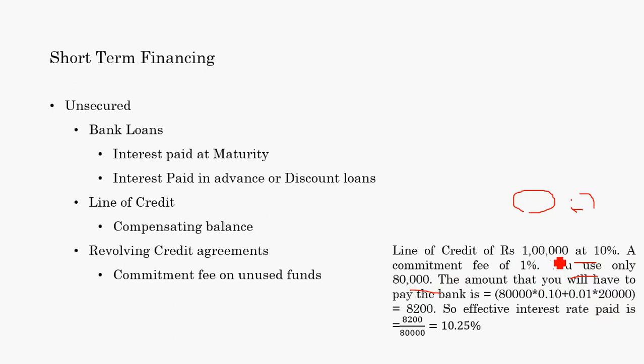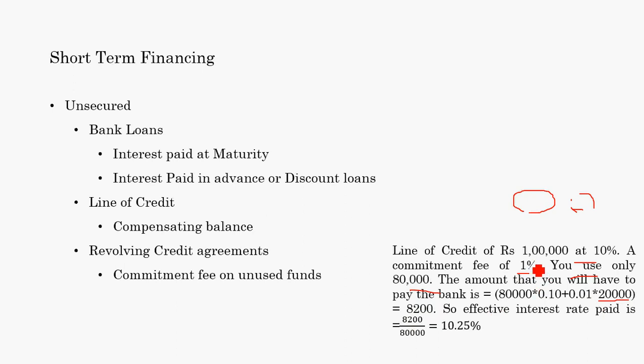Now of this 1 lakh, let's say that you have used only 80,000 rupees. The interest that you have to pay is 10% on the 80,000 rupees, and also 1% commitment fee on the 20,000 rupees which you have not used. So effectively you will be paying 8,200 rupees.